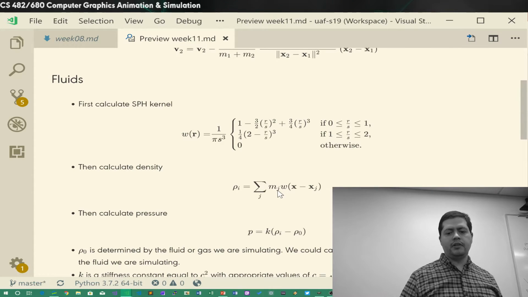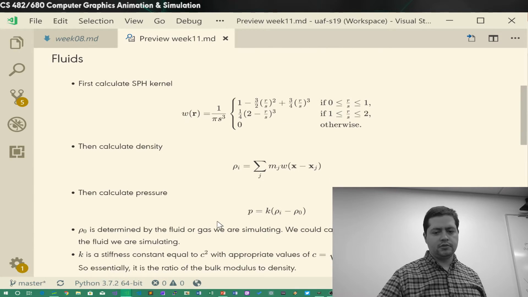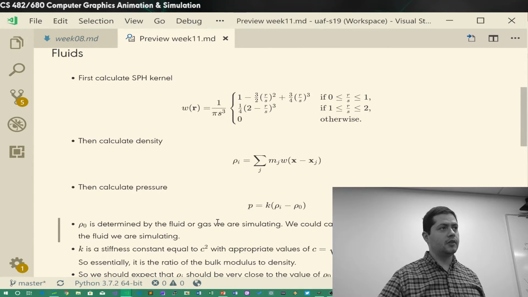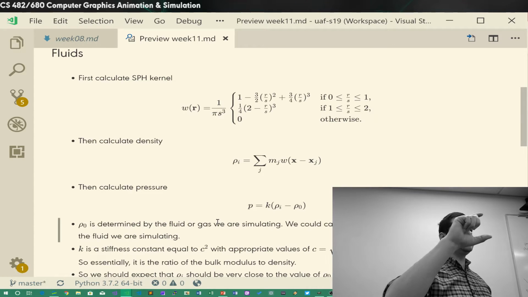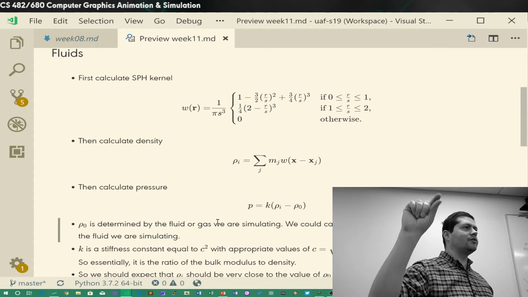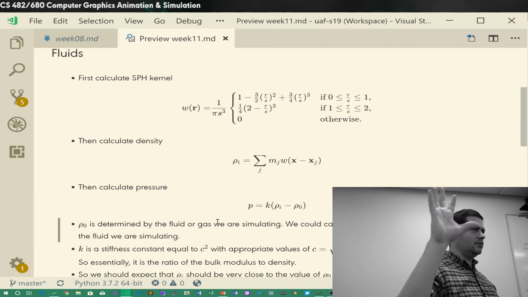That's how we're going to come up with the density. Just to clarify, it's the smoothing kernel times the mass of the particles. You need to include itself as well, because if you're summing up the density and you don't include yourself, then you're ignoring your own mass.